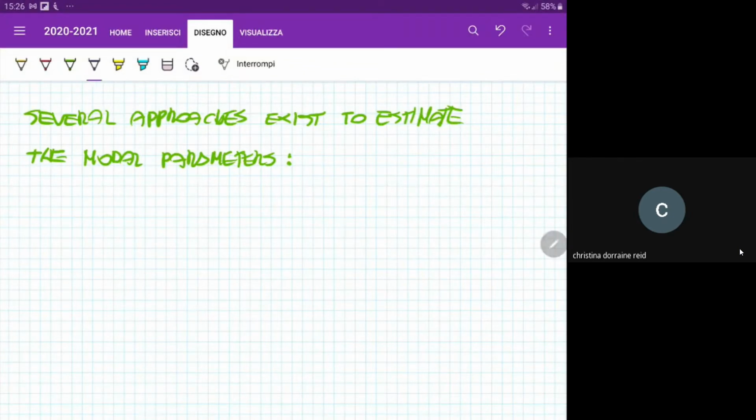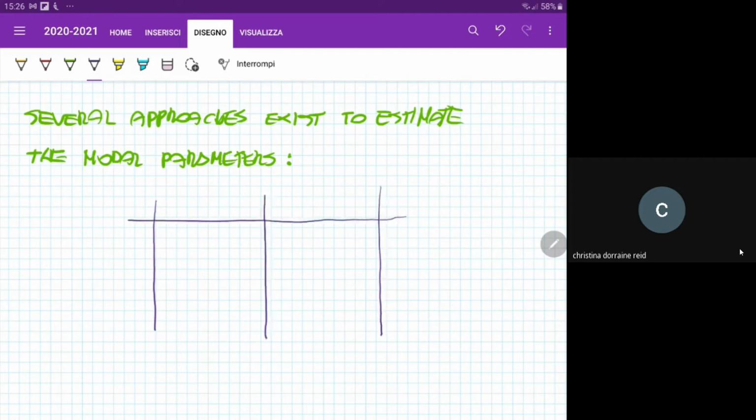Specifically, what we got is a sort of matrix view of those approaches. Okay, like this. We are considering the single degree of freedom method and multi-degree of freedom method.